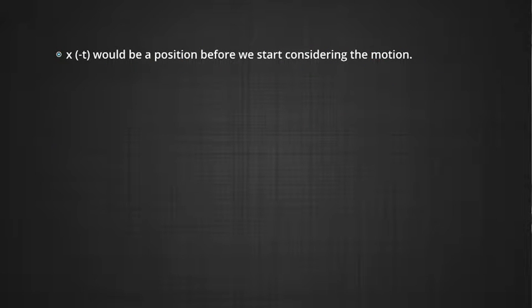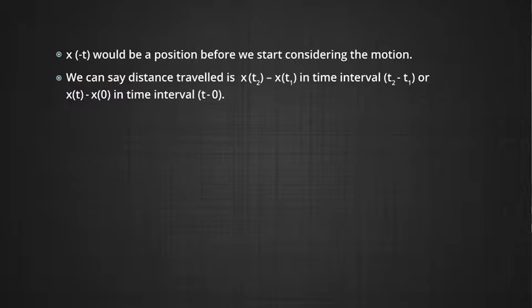X minus t would be a position before we start considering the motion. We can say the distance travelled is xt2 minus xt1 in time interval t2 minus t1 or xt minus x0 in time interval t minus 0.